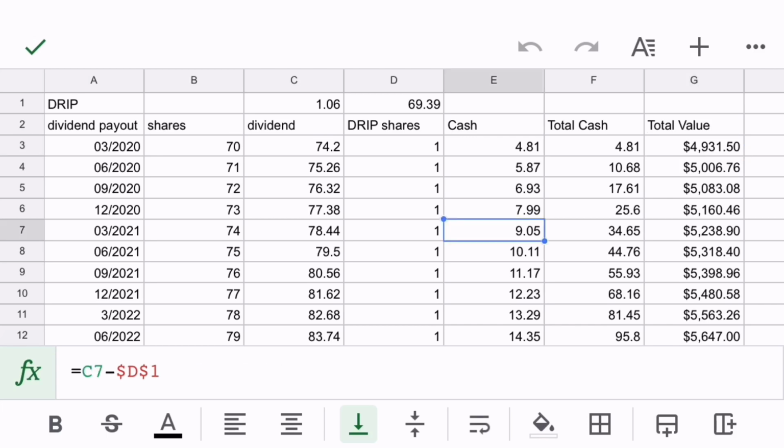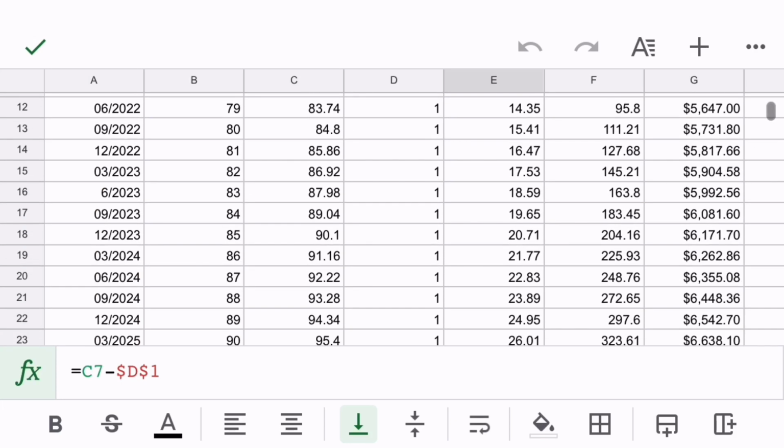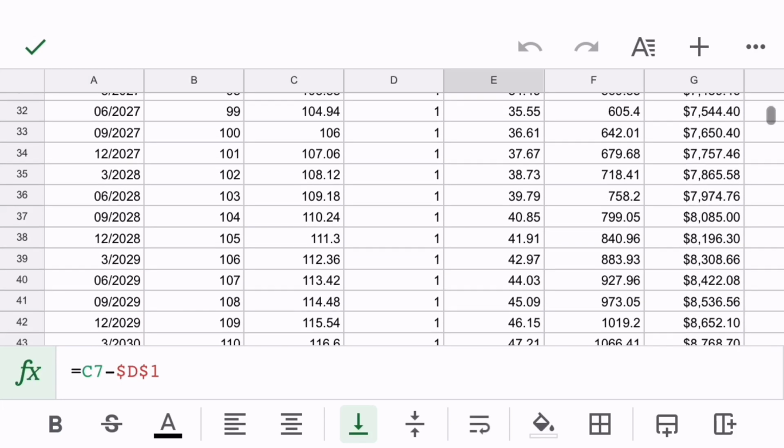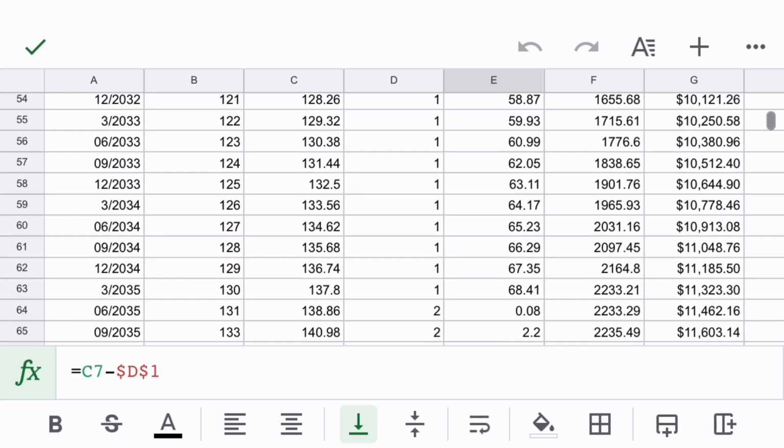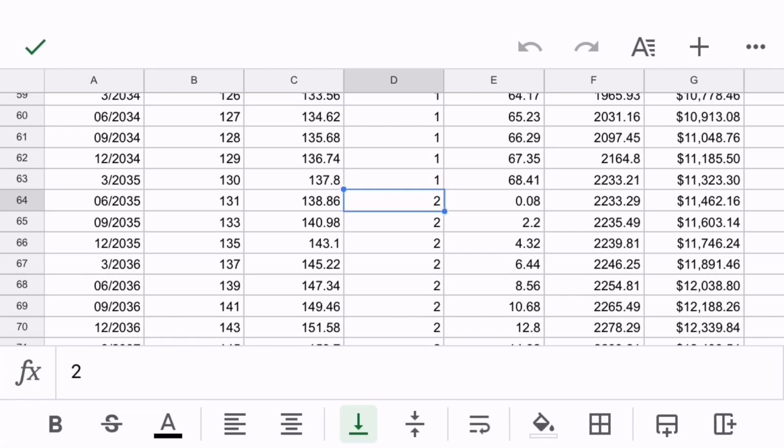Now eventually I'm going to earn enough money here. You can see I end up with 1 share for quite a bit of time, but eventually I'll get to the point where I'll start earning 2 shares per dividend payout, and that comes in 2035, so 15 years down the road.